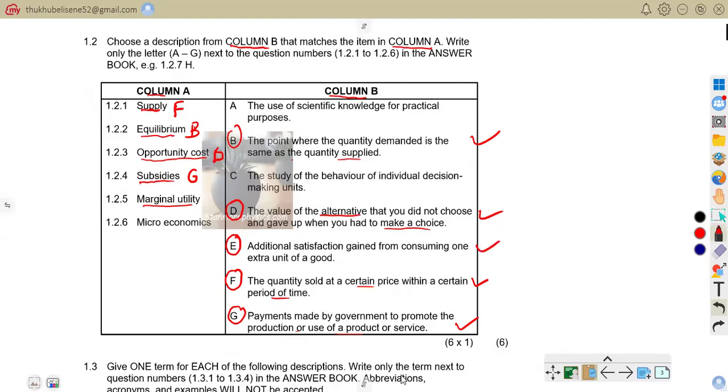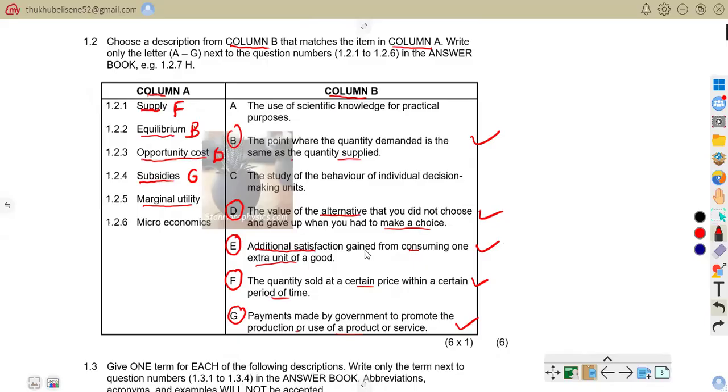So what is E saying? It says additional satisfaction gained from consuming one extra unit of a good. So marginal utility is the extra satisfaction, in short. It's the extra satisfaction from consuming one more unit.